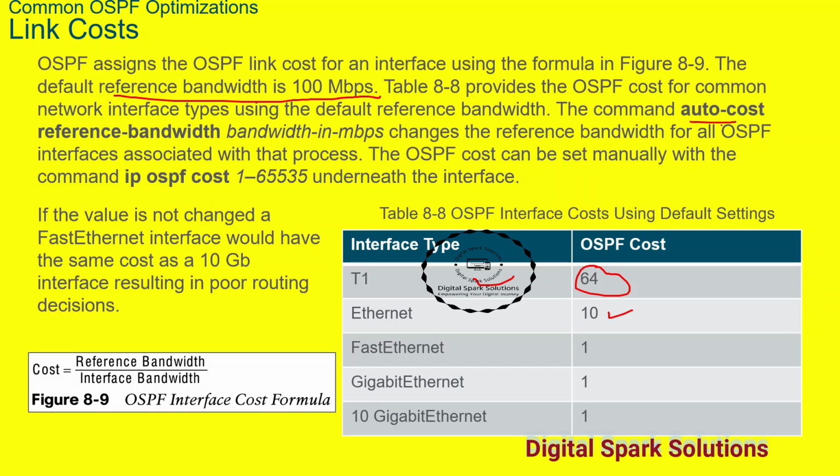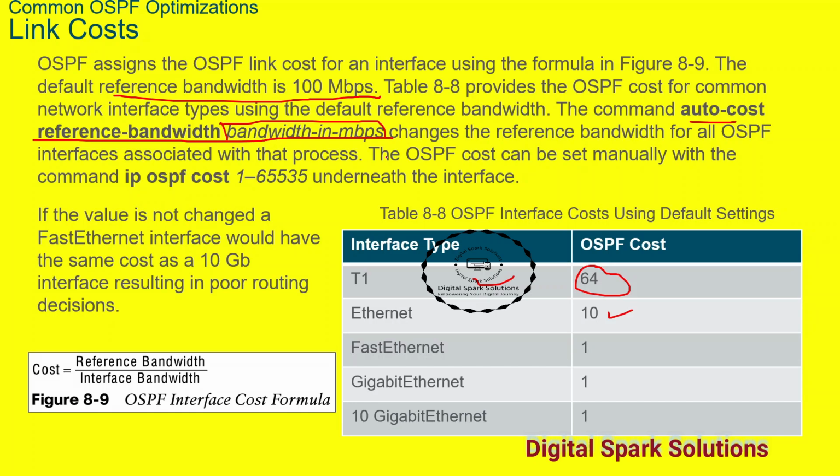The command auto-cost reference-bandwidth in Mbps, where you have to mention the bandwidth manually, changes the reference bandwidth for all OSPF interfaces associated with that process.